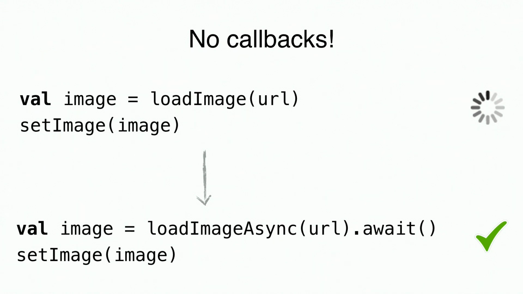I haven't yet explained what await is or how it works. It's just a very minor example to illustrate our goal: to write straightforward, simple code that somehow works without callbacks.